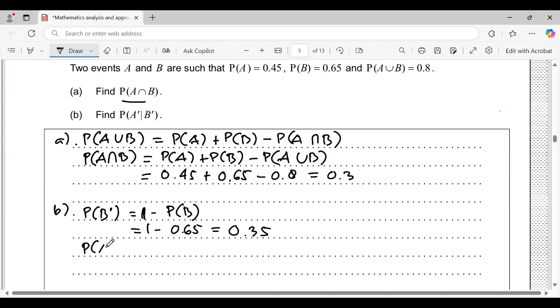And probability A' intersection B' is 1 minus probability A union B, which is 1 minus 0.8, is 0.2.